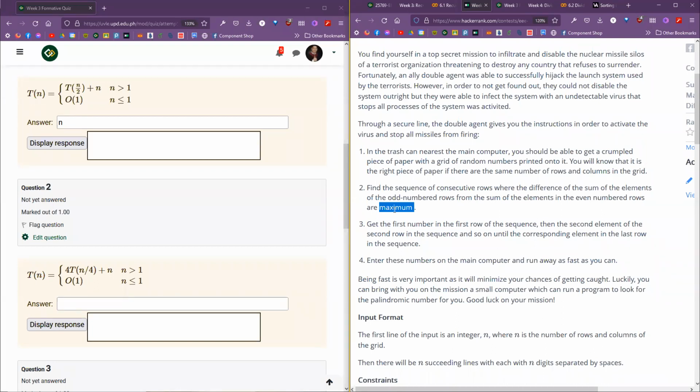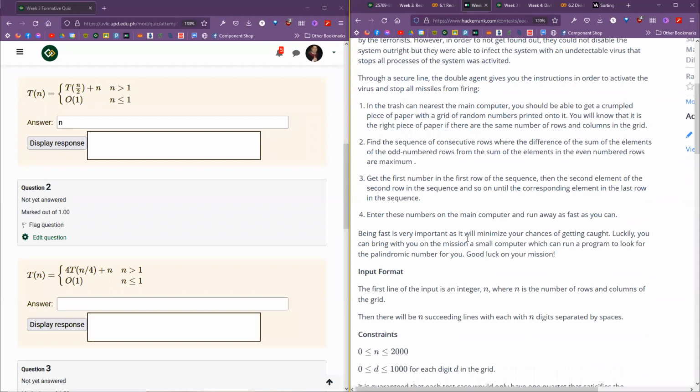Then, after nyo makuha yung maximum na consecutive rows, kunin nyo yung first number ng first row, second number or second element ng second row, yung consistent. And then so on until makakuha tayo ng sequence. And yun yung kailangan yung output.